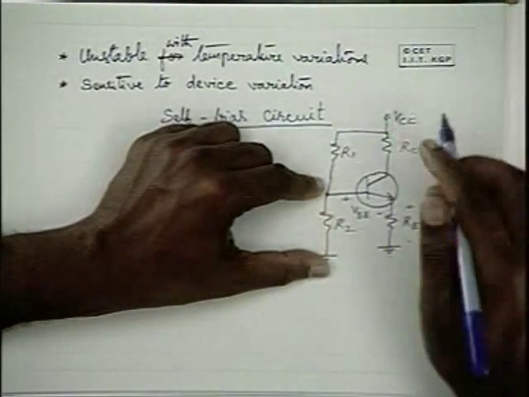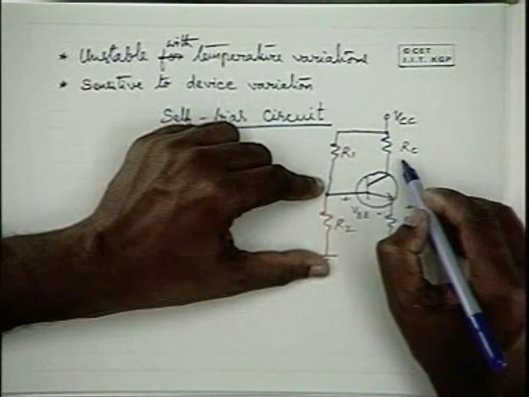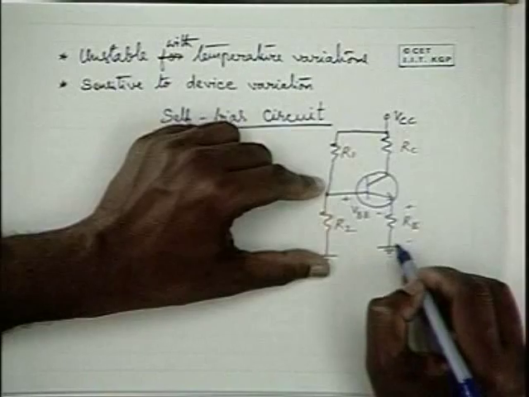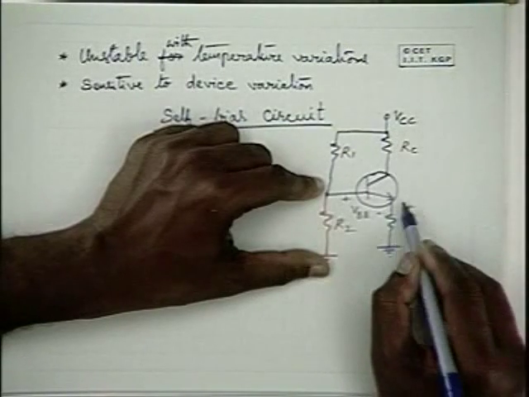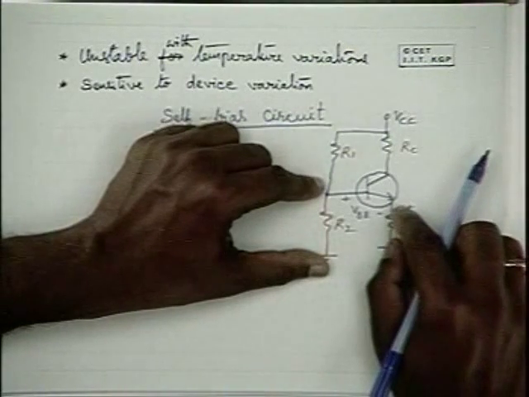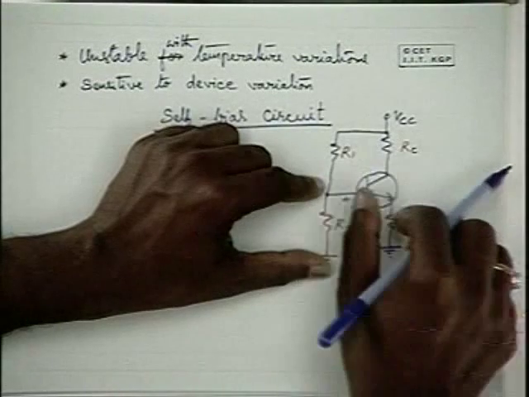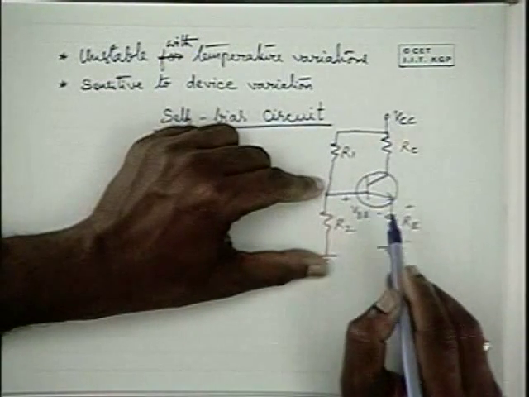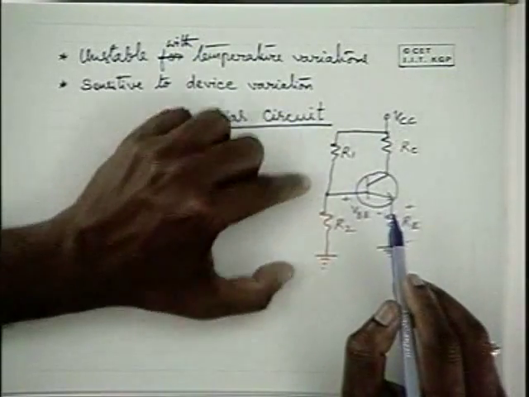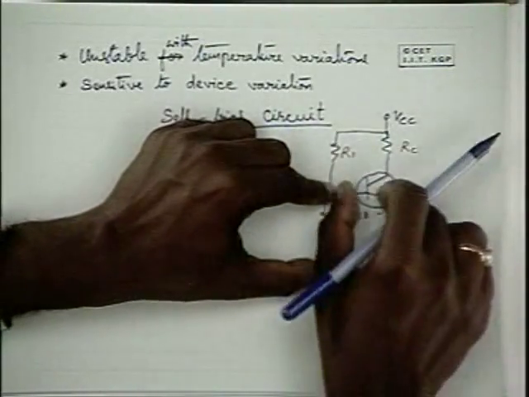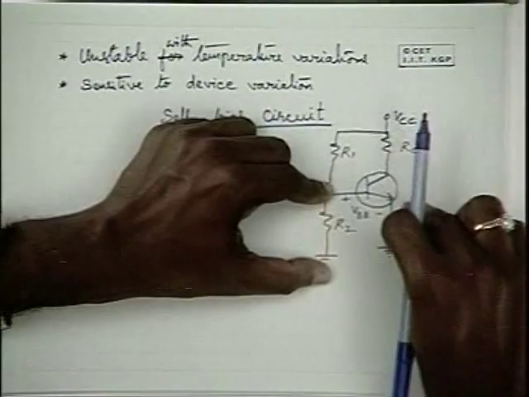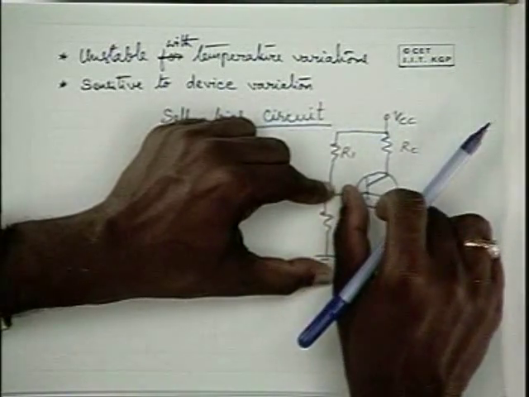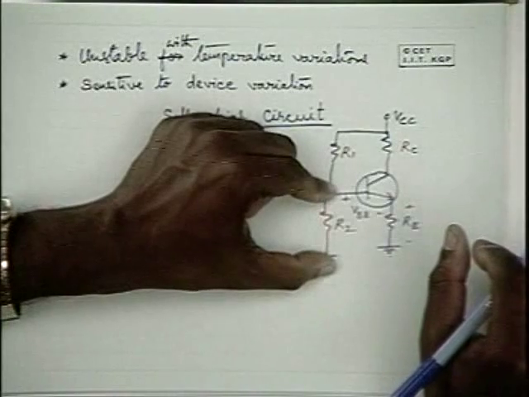Now, a tendency to increase the collector current increases the voltage drop across the emitter resistance, and this voltage drop tries to reduce the base to emitter potential. Why? Because this voltage is equal to this plus this, and when one of these two tries to rise, the other one has to decrease because the input side is constant.